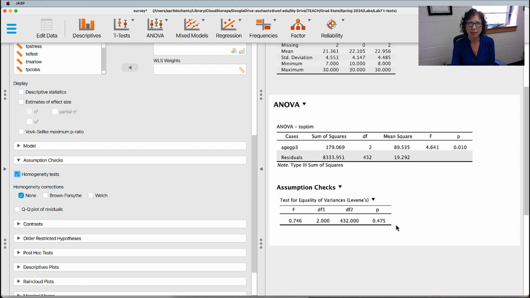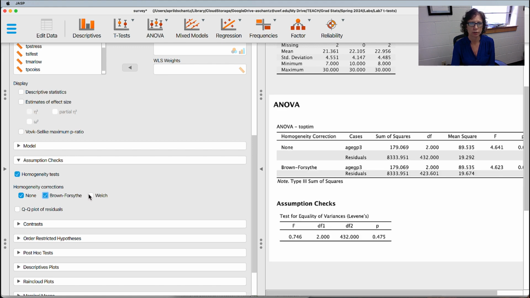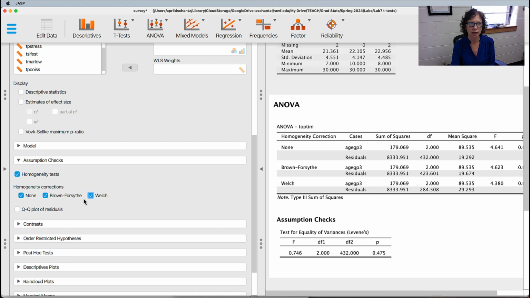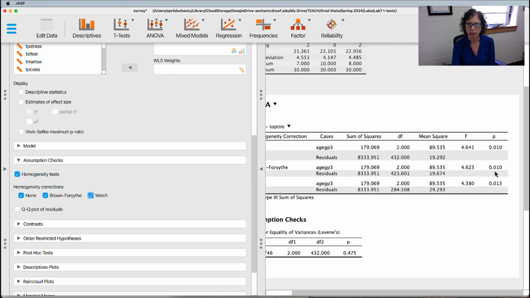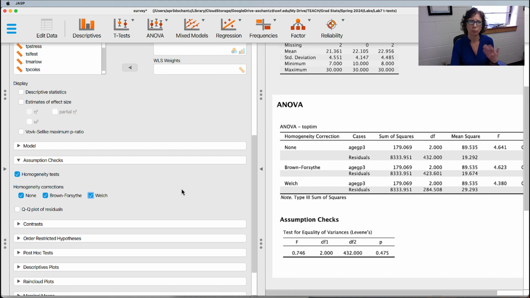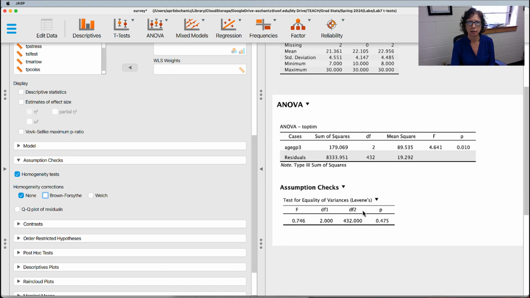Now, if it had been a significant Levene's test, then we would want to get our corrections of either Brown-Forsythe or Welch, which changes our F-test amount, and it changes our degrees of freedom. But we don't have to worry about that on this one because the Levene's test was non-significant, so we don't need a correction for that violation of assumption because we did not violate that assumption.